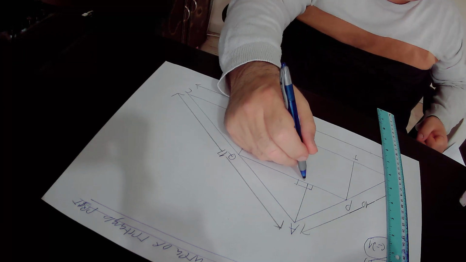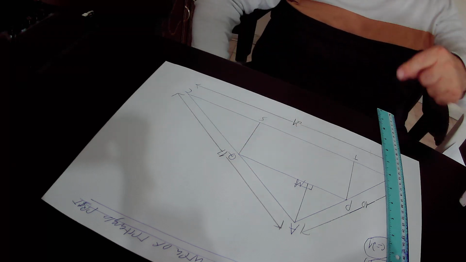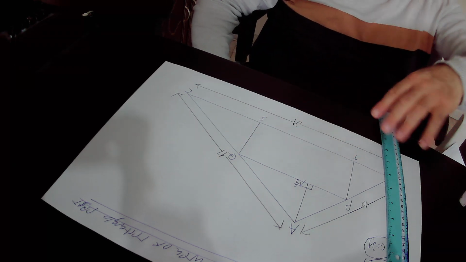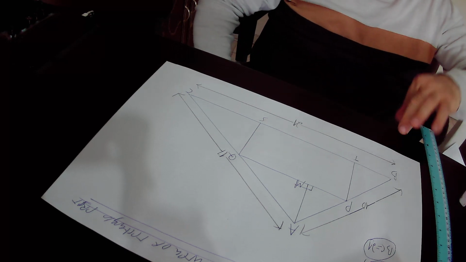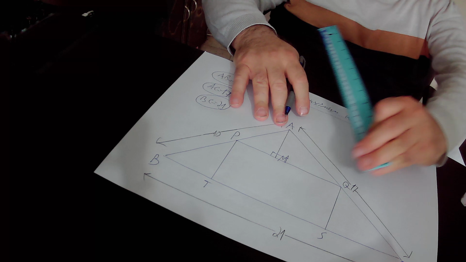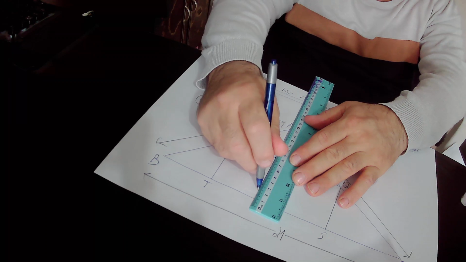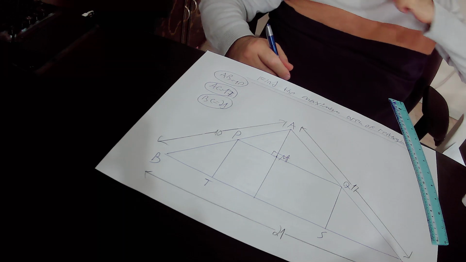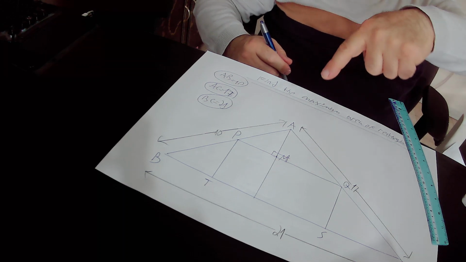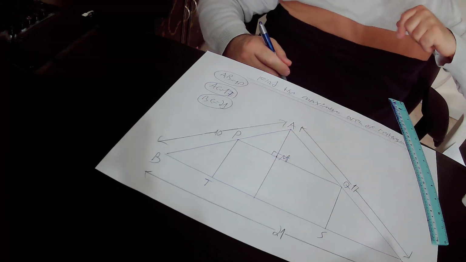This point is point M. In the next step, we'll extend the perpendicular AM by a straight line until it touches side BC of triangle ABC. And we will define the touching point of the extended perpendicular AM with side BC. This point is point N.